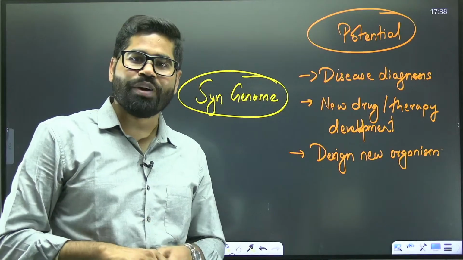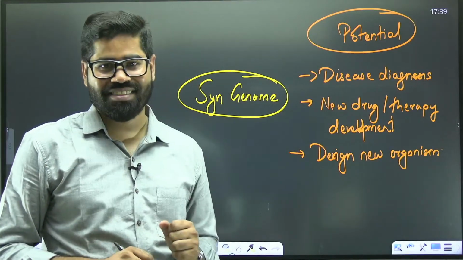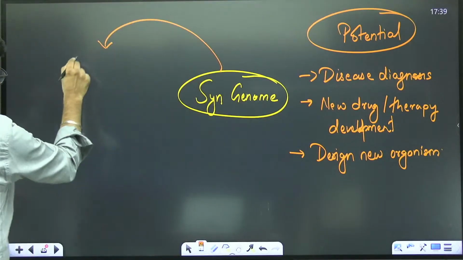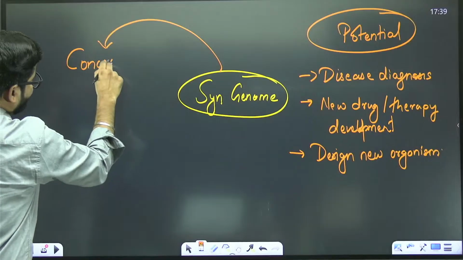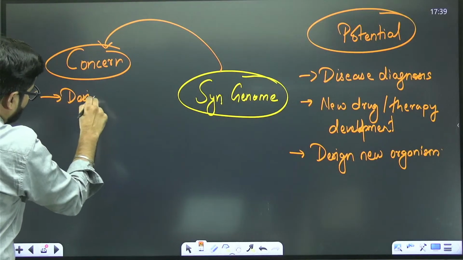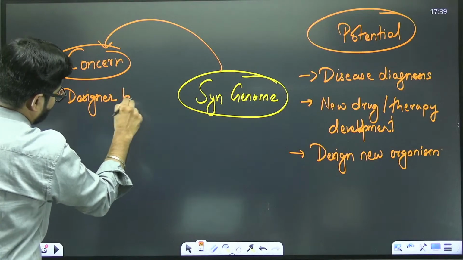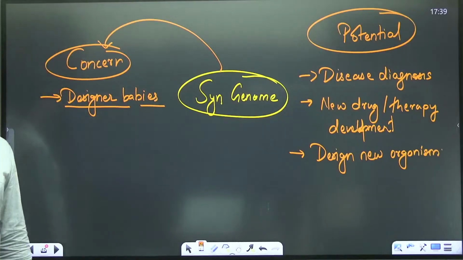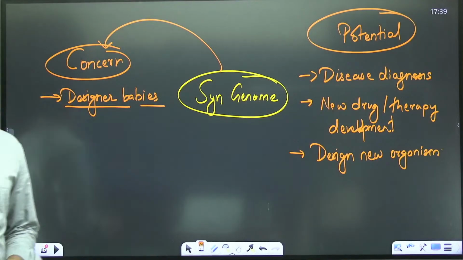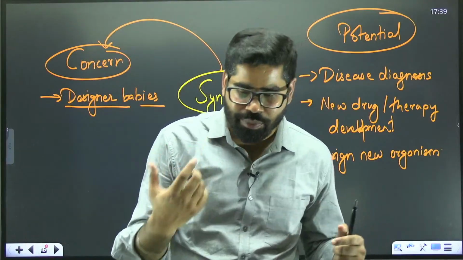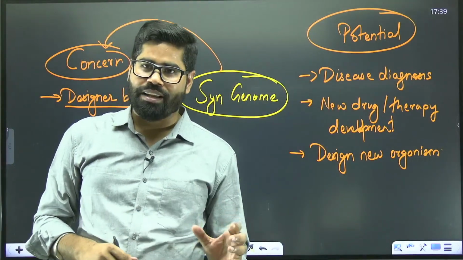So we can have designer organisms, and that is in fact the concern, that this can lead to designer babies. We can have those children, those designer babies, who can be very powerful.